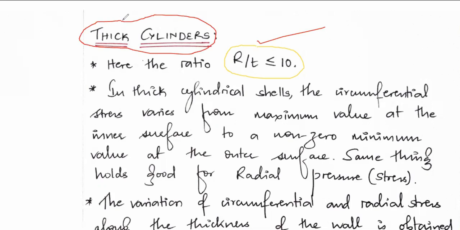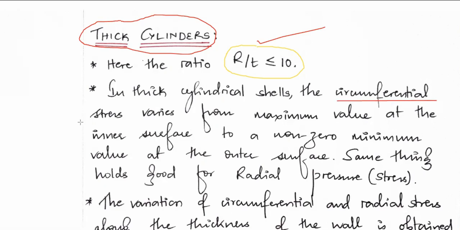Right. The next thing is what are the important stresses that are coming in fixed cylinders. So in fixed cylinders, there are three stresses: longitudinal stresses, circumferential stresses, and the radial pressure or the radial stress. So among these three, two are most influential.